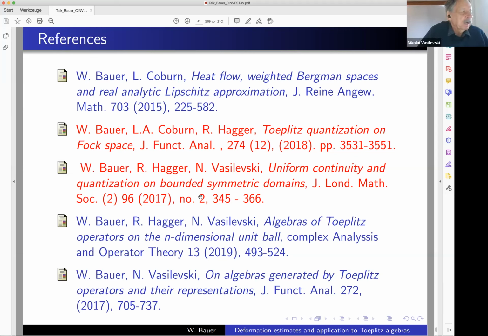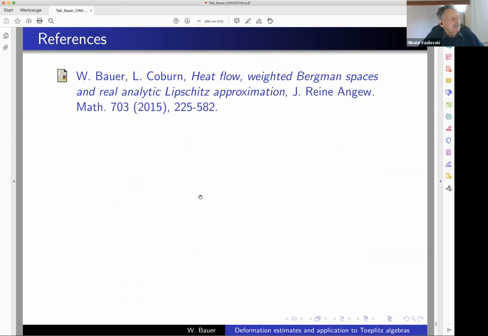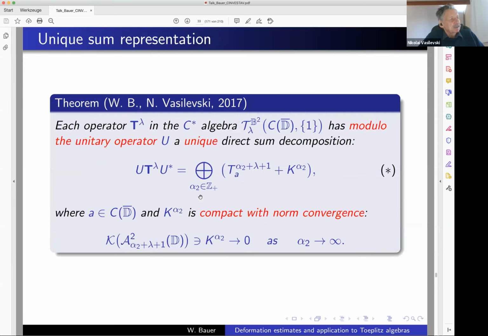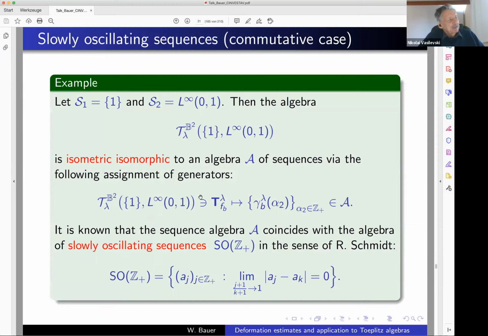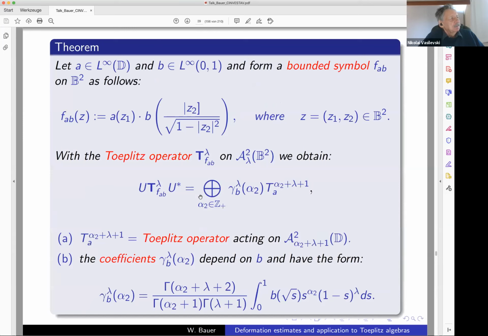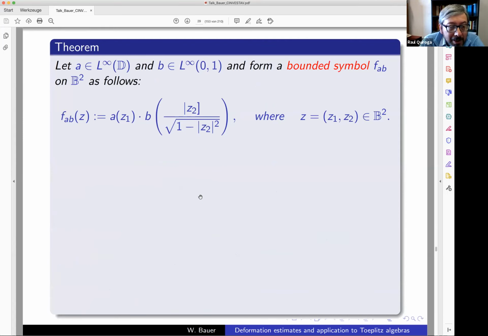One of the ideas behind this decomposition is to look at symbols that are invariant under some subgroup of biholomorphisms. So maybe one needs to look in that direction. Yeah, that was precisely what I was saying.